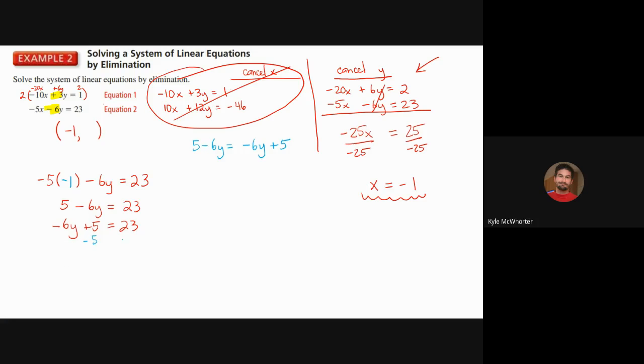So I'm going to subtract 5 from each side of the equation. So then we get negative 6y equals 23 minus 5, which is 18. Then to get y by itself, we divide by negative 6. And so we get y equals negative 3.